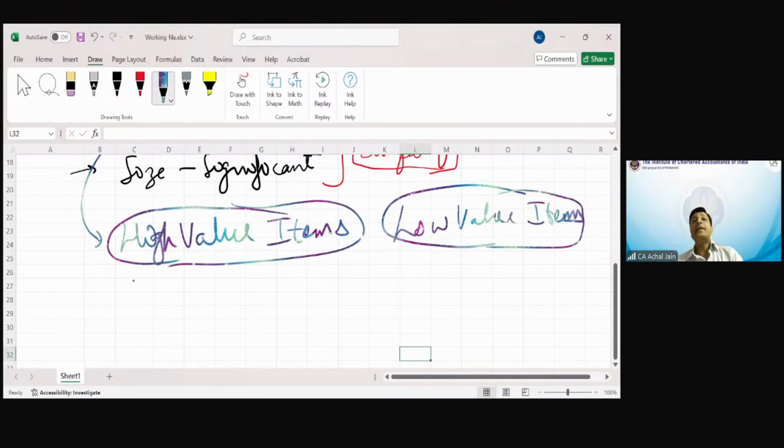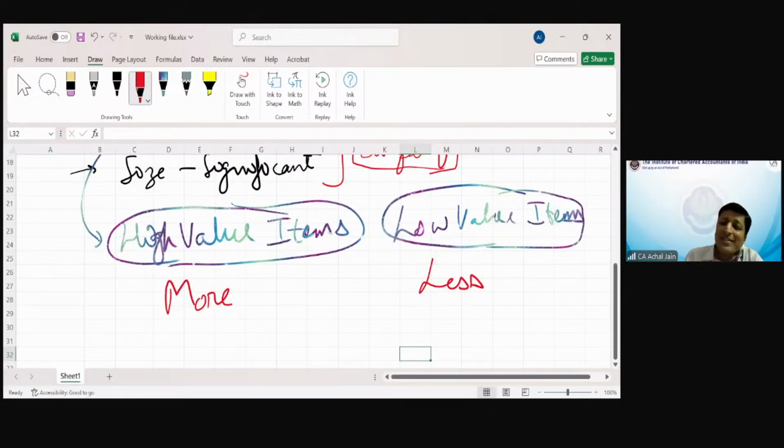But in terms of selecting the sample, it will be more from high value and lesser from low value items. And of course, accordingly, lesser as compared to high value items from medium value items. Okay, so this is the first approach.